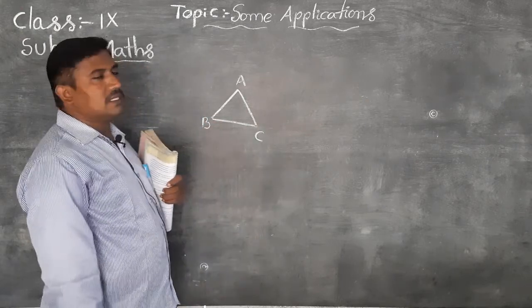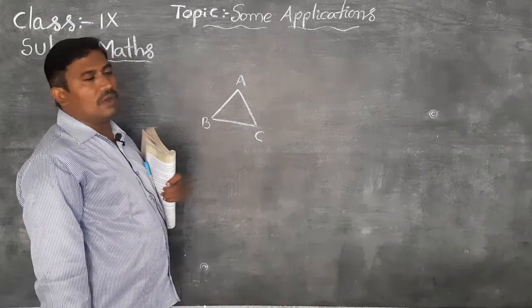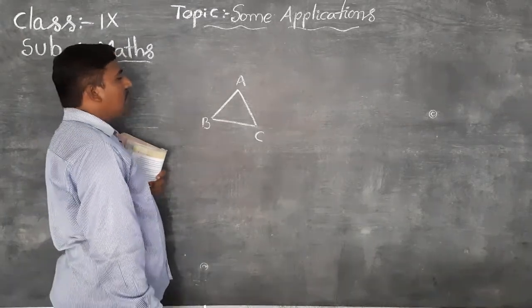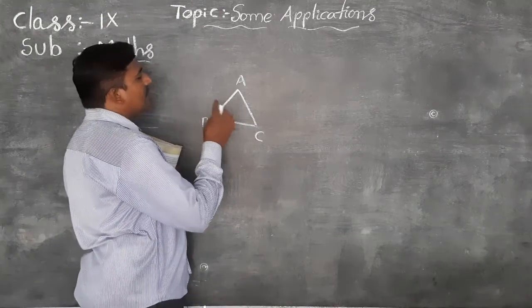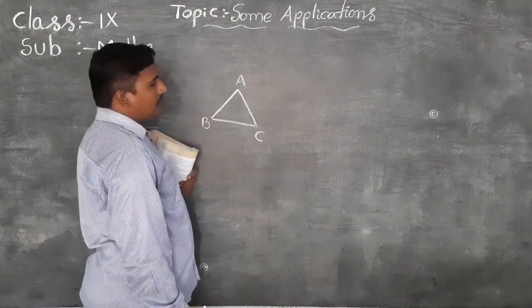In this ABC triangle, we already know, according to the angle sum property, that the sum of the three angles is equal to 180 degrees.